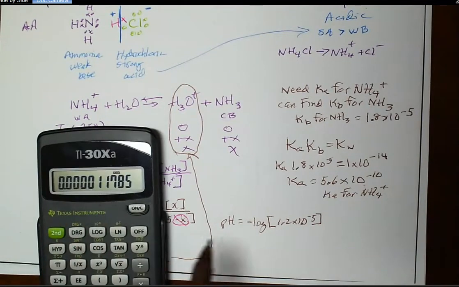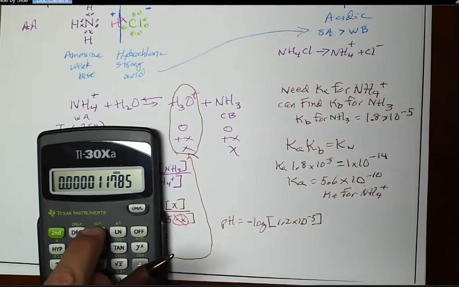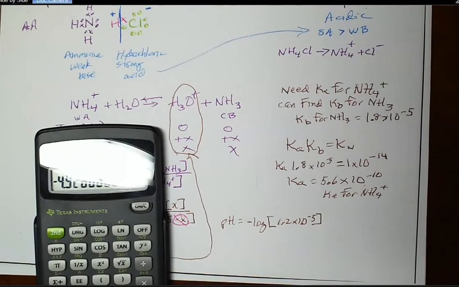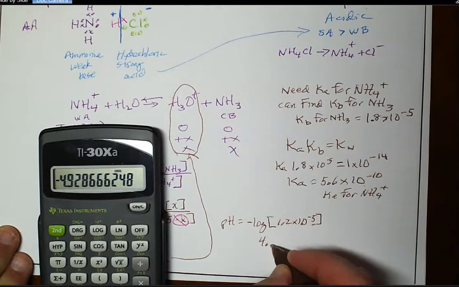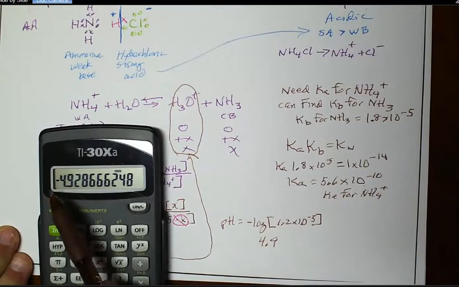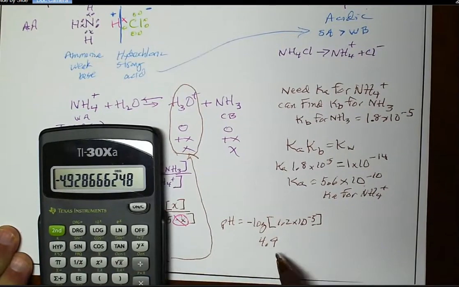This number, of course, is not rounded off, so it'd be a little bit different if you actually punch 1.2 times 10 to the negative 5 in there, but I'm just going to go with it while I've got it. Log and change the sign, so 4.9. Remember, we want the negative of this negative 4.9. Negative of the log. The log is negative 4.9, the negative of that is 4.9.